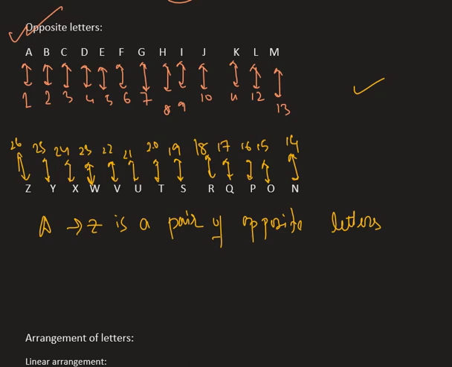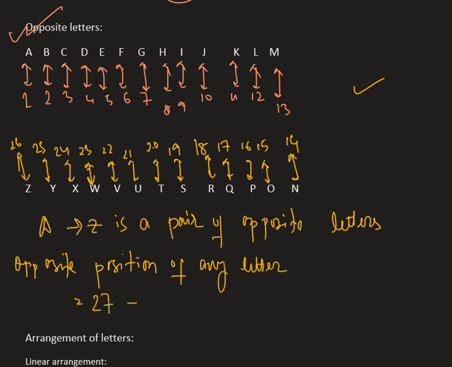And now we can find the opposite position of any letter by this equation: the opposite position of any letter is equal to 27 minus the corresponding position of the letter.